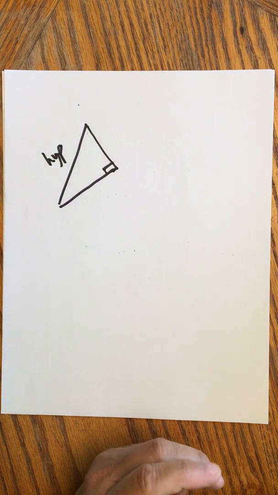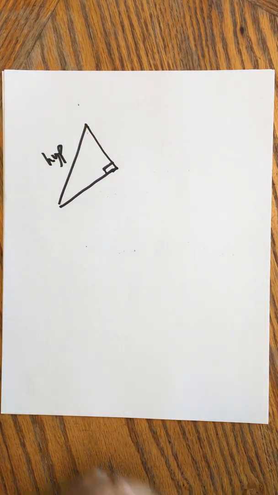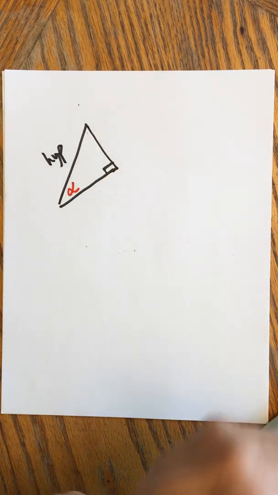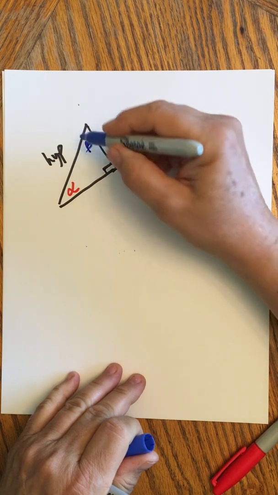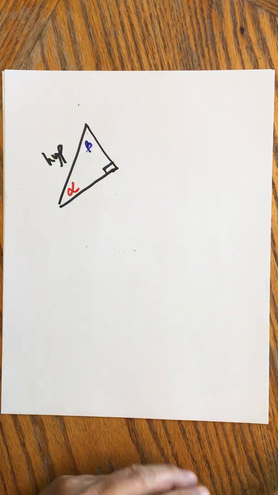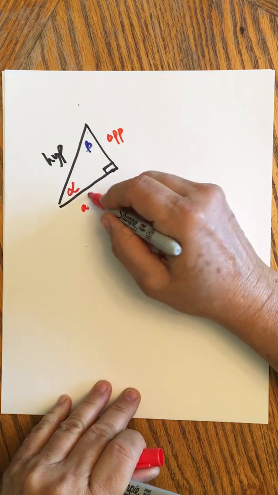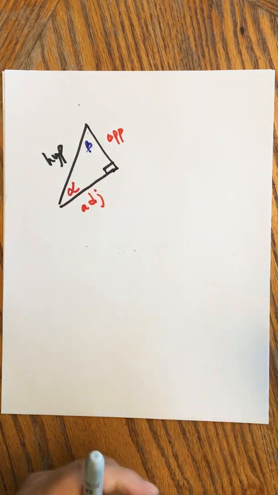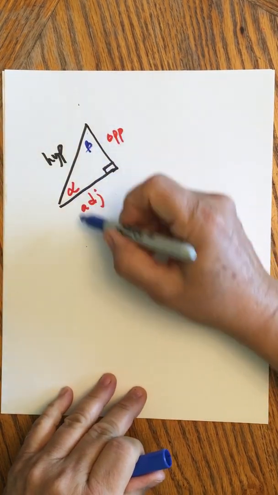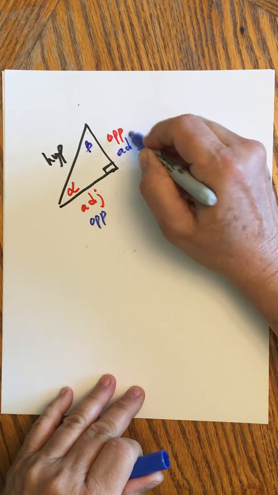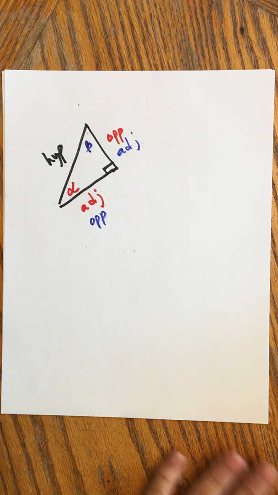So for example, if I want to say this is alpha and this is beta, then relative to alpha, this is opposite and this is adjacent. But relative to beta, this is opposite and this is adjacent. So that's really important.